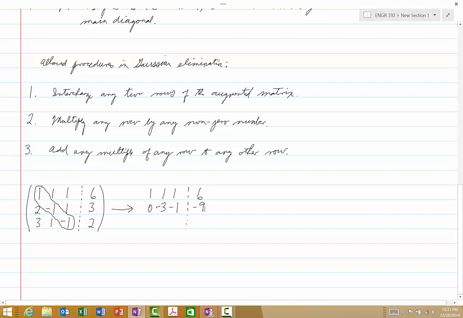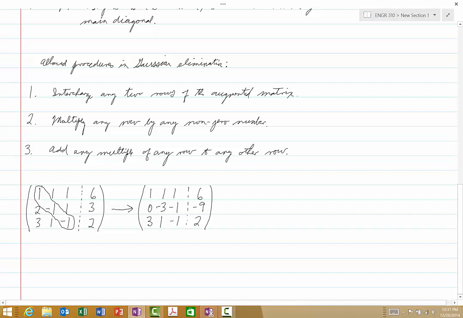Now, if you wish, we could go ahead and write down the third row. In fact, I guess this first time through, I'll go ahead and do that. And so that would be the first step of the Gaussian elimination procedure.